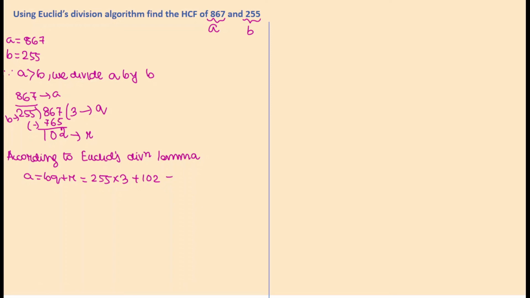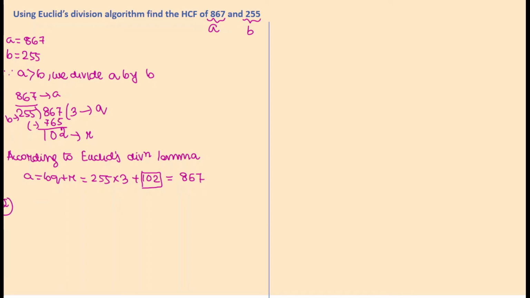This gives me the value of 867, which is equal to A. Since the remainder has not come out to be 0, we have to follow some other steps.